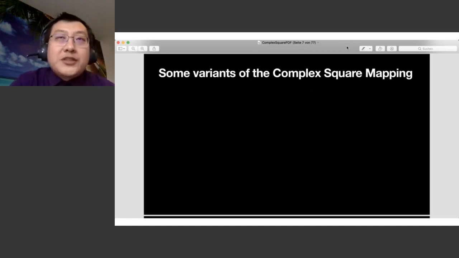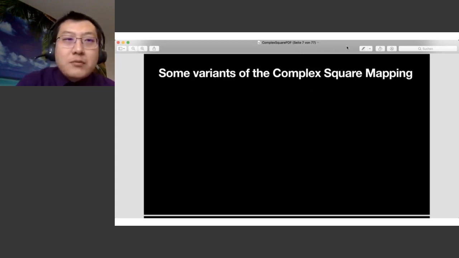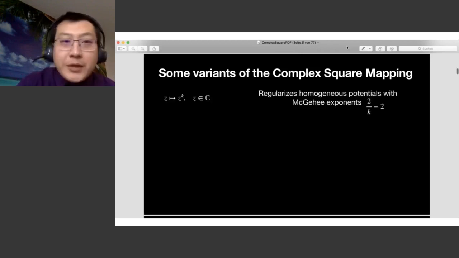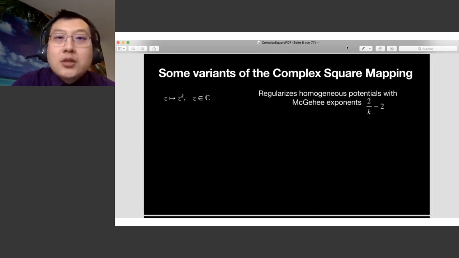Before discussing more about this complex square mapping, I would first mention some variants of this mapping, which also appear in the literature and in the study of this whole subject.